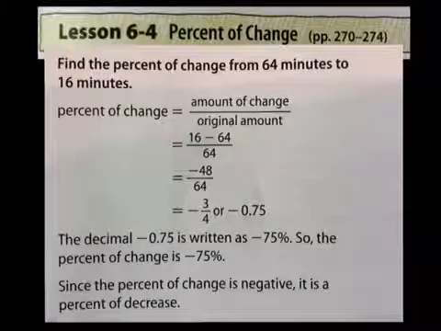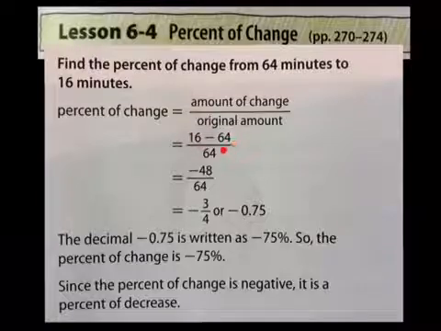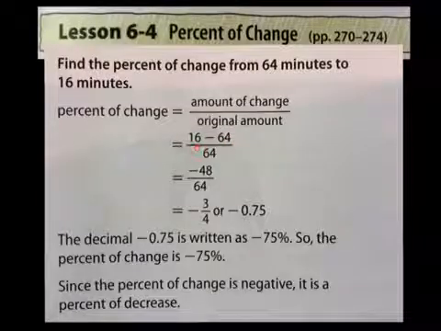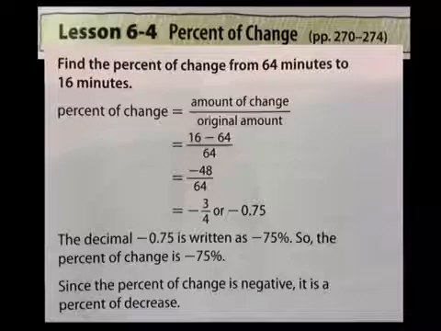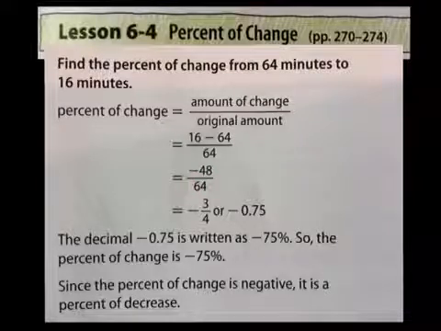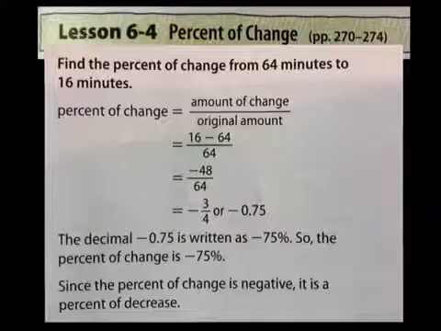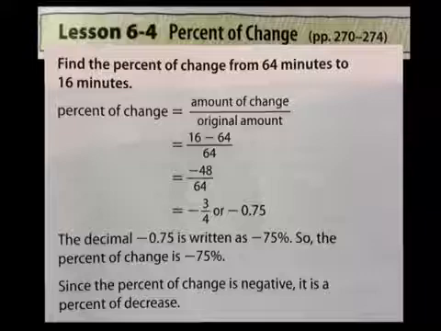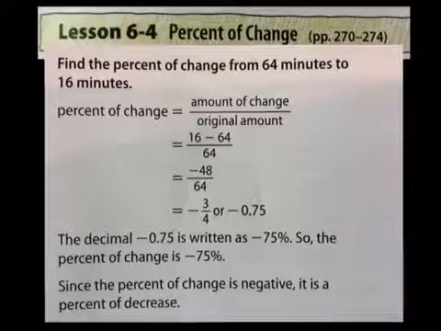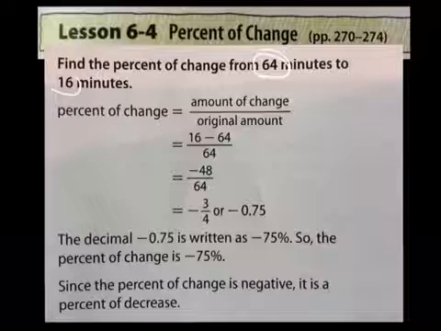And you can see here that when they subtracted the numbers, they went from 16 to 64, and they got a negative 48. And the reason I want to include the negative, boys and girls, is because it went down. Okay, that percent of change went down, not increase. It was a decrease. You see, it went from 64 down to 16.